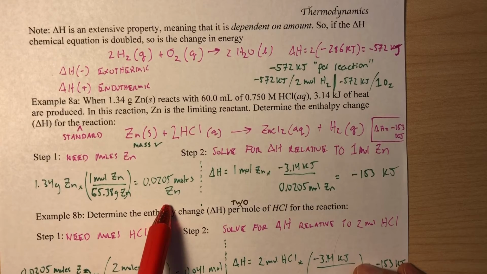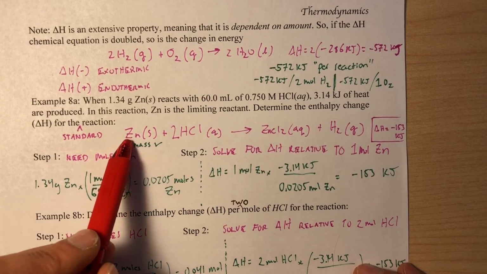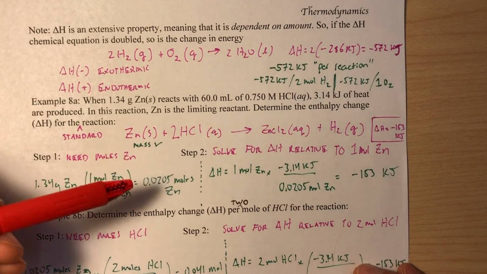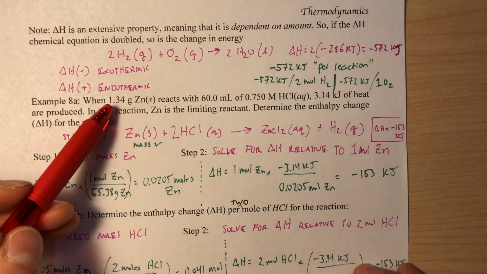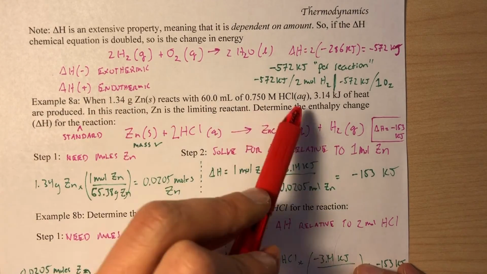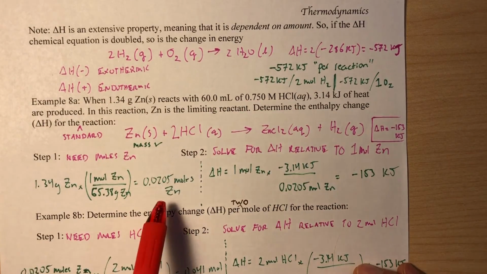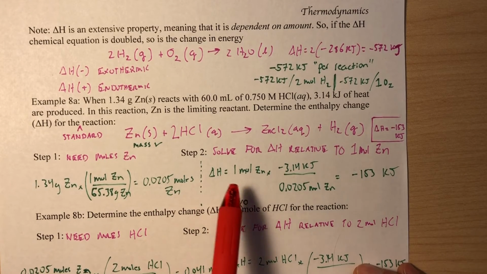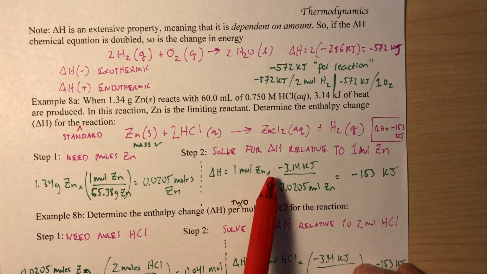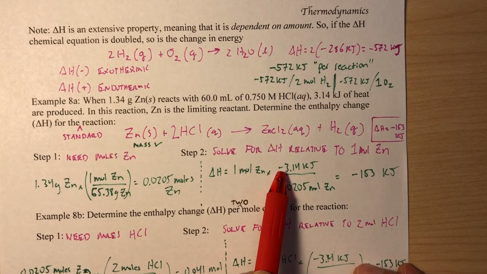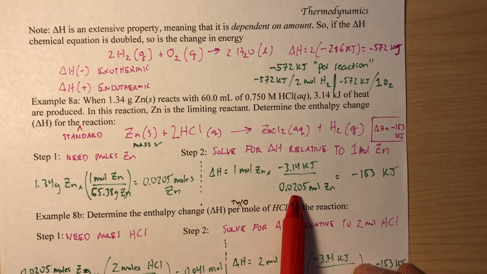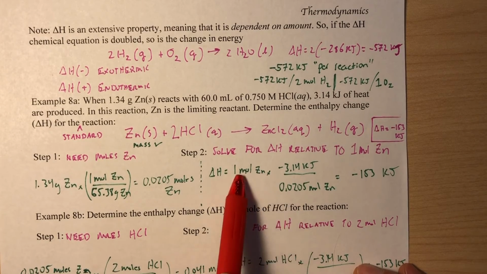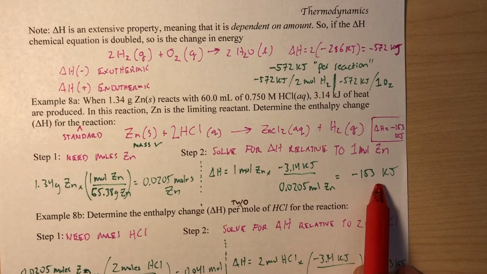And when we do that, we can actually discover what the change in enthalpy is for this reaction, and then apply it to any other situation where we have any amount of zinc or any amount of hydrochloric acid. So delta H is going to be equal to 1 mole of zinc times negative 3.14 kilojoules for every 0.0205 moles of zinc. The moles of zinc cancel, and we're left with a total of negative 153 kilojoules.